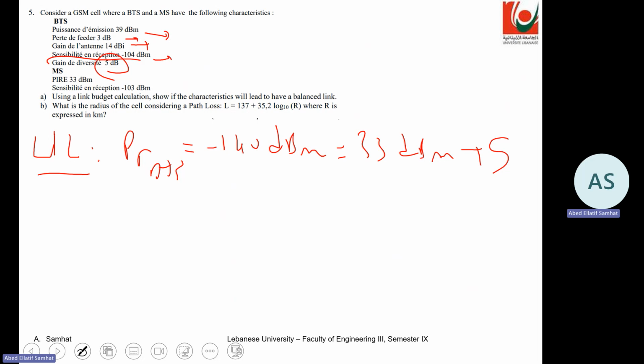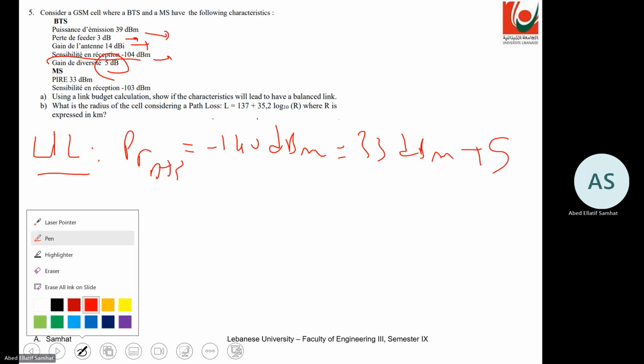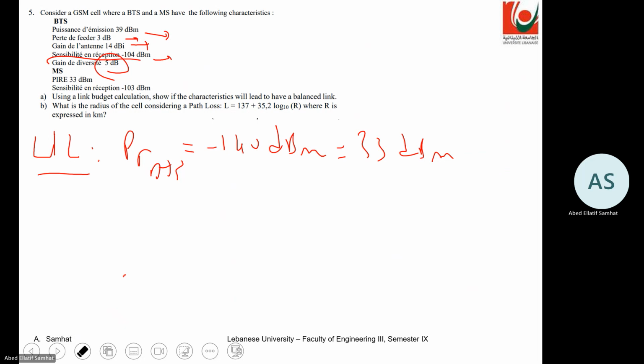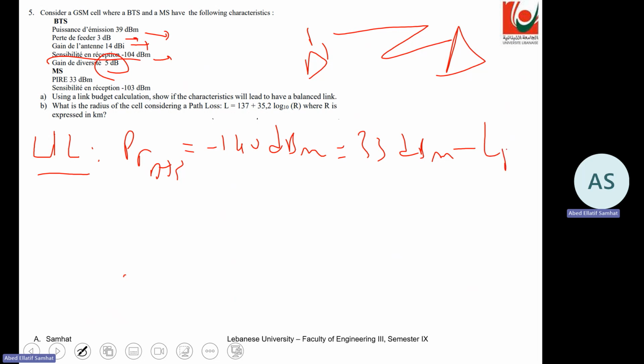Let's put them in the right order. So we have the mobile and we have the BTS. Here is the transmitted power. So we have minus the path loss uplink, plus the diversity gain at the receiver, which is plus 5 dB. And we also have the gain of the antenna, which is plus 14, and the loss in the feeder, which is minus 3.